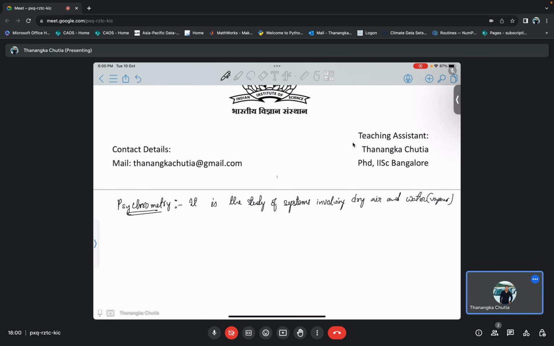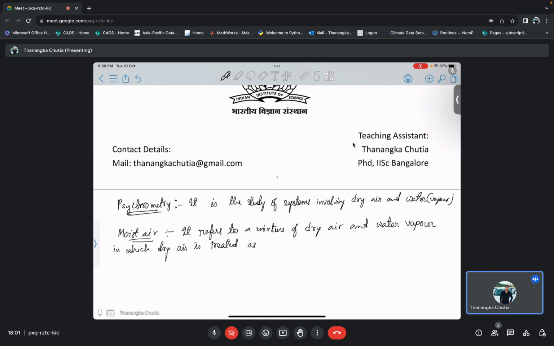For that we need to understand what moisture is, and what the governing equations are. Moisture refers to a mixture of dry air and water vapor, in which dry air is treated as a pure component.